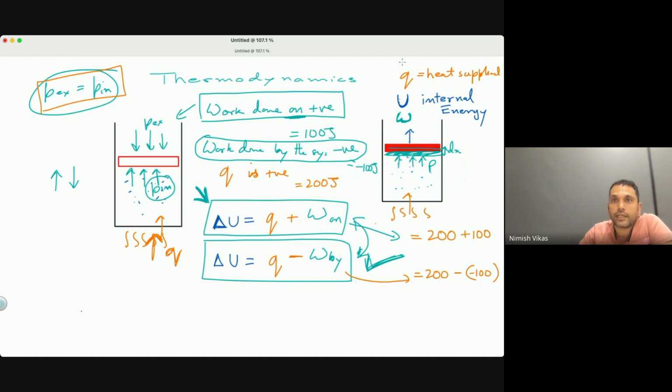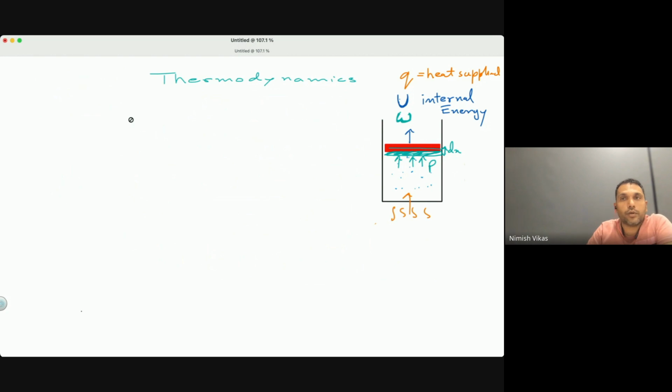I hope you understand these three terms very properly. From henceforth, we are always going to use the formula: heat supplied is equal to the increase in internal energy plus work done by the system. More heat means that, with that heat, the system will do some work.